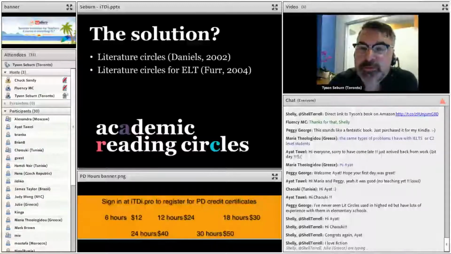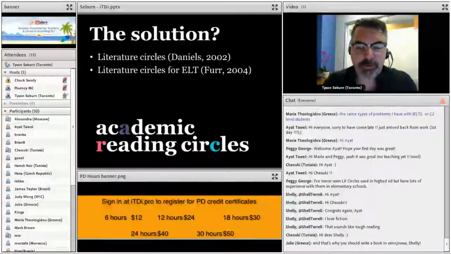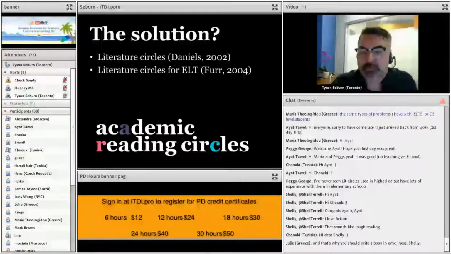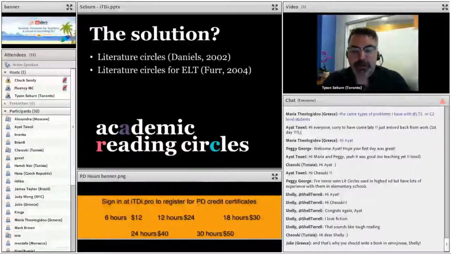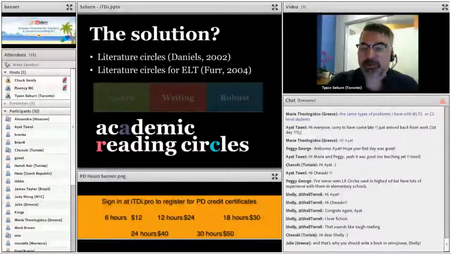And of course, in history, they have primary sources and secondary sources and things like that. So we're not really dealing with literature and fiction. So the types of roles that Furr adapted from literature circles really didn't work for our context. So what we decided to do was to modify those roles into something that would have the students be able to look at our texts better and deeper.